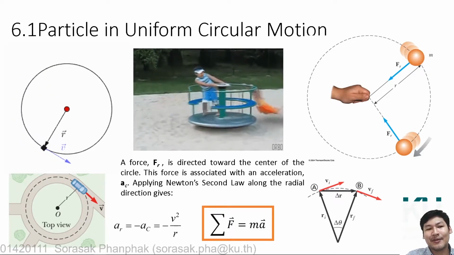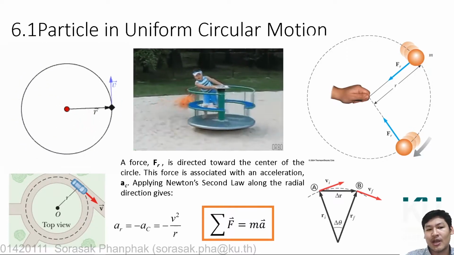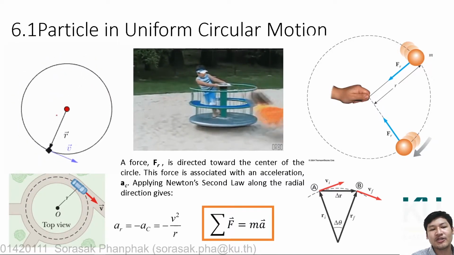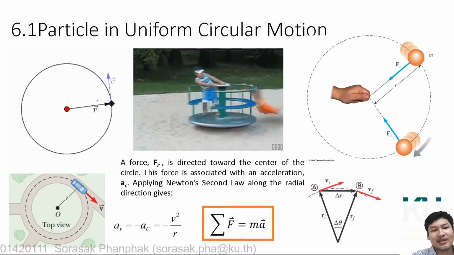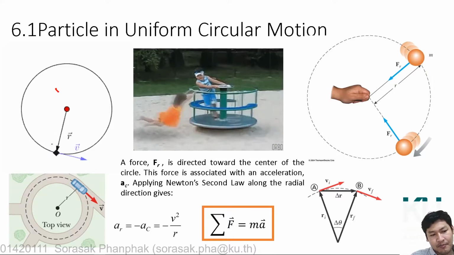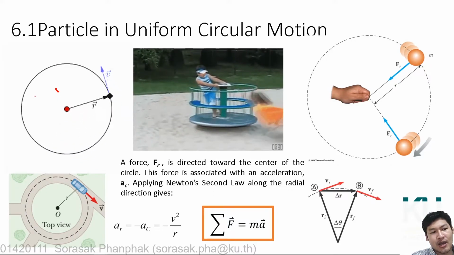As I already explained about uniform circular motion, consider a particle moving along this path. One reason it can move like this is because of an inward pointing acceleration.